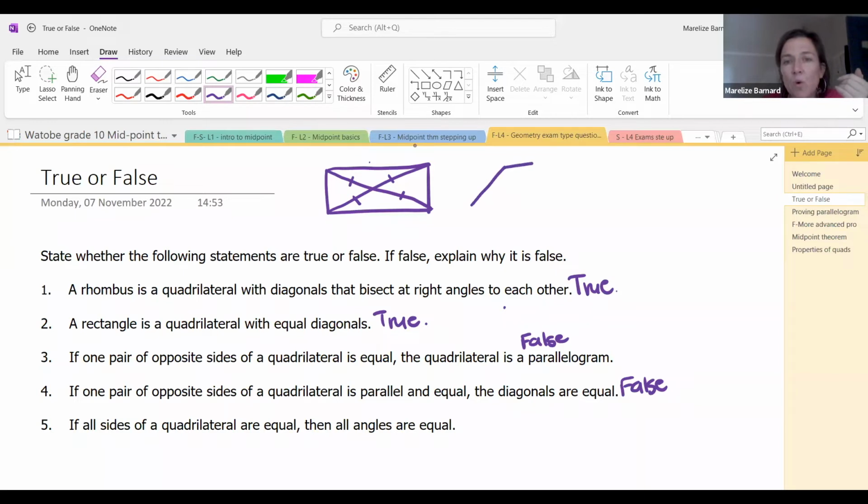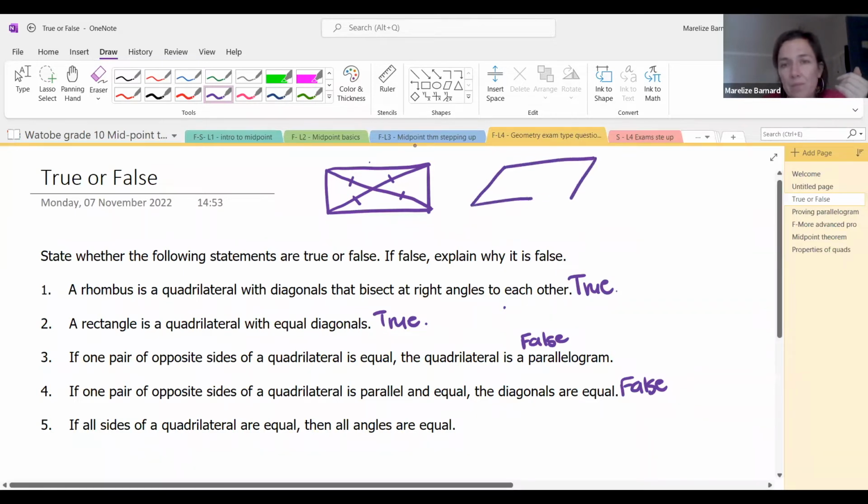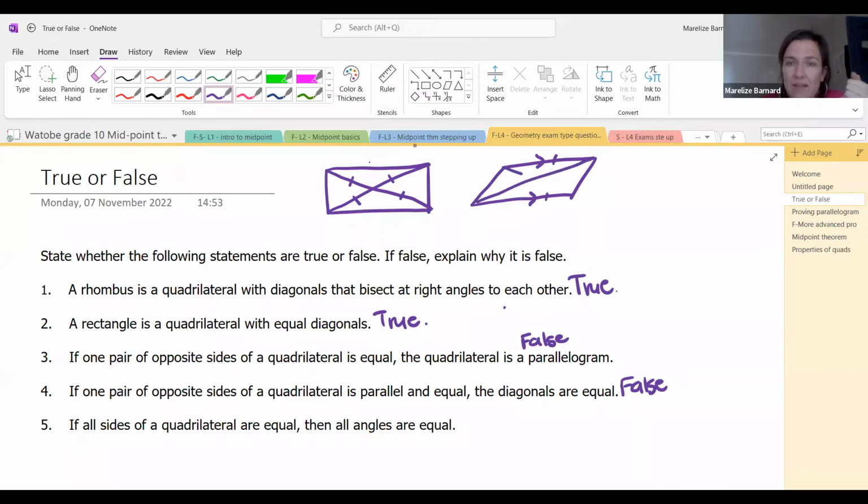But if you go to a normal parallelogram and you have one pair of opposite sides parallel and equal, we know that the properties of a parallelogram is that the diagonals are not equal in length and that they just bisect. Okay, so this statement is only true in the case of a rectangle, but it's not true for all other parallelograms, okay, and quadrilaterals. So I would go with false here.